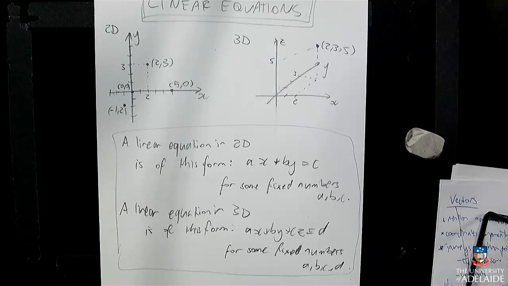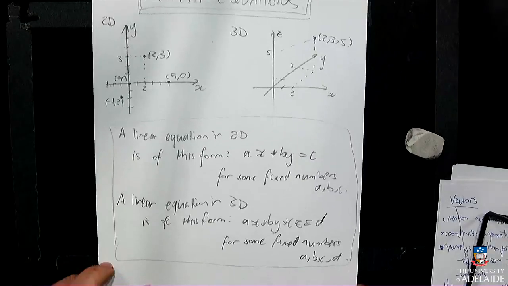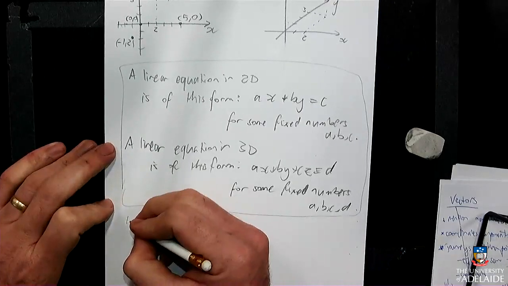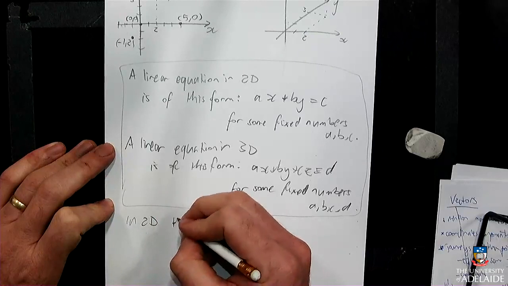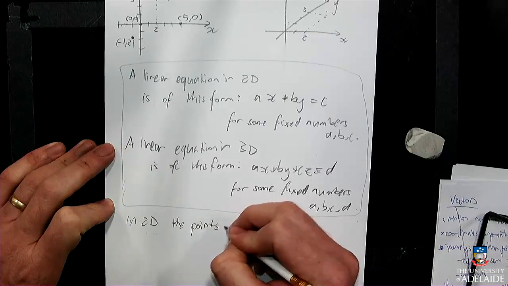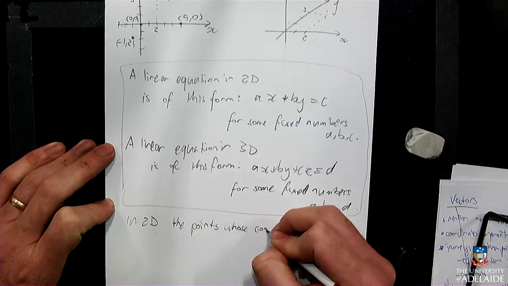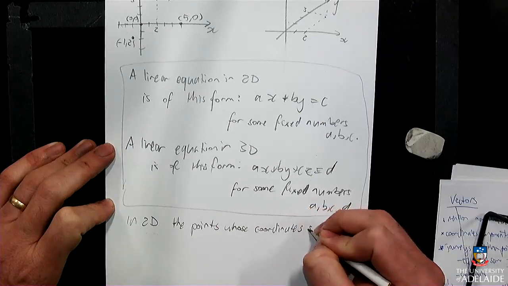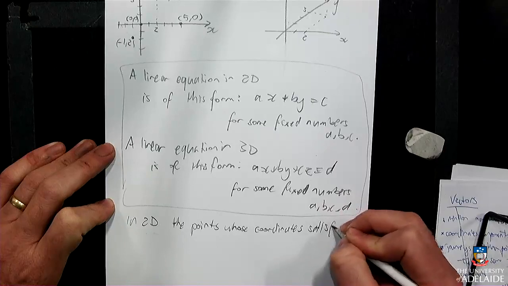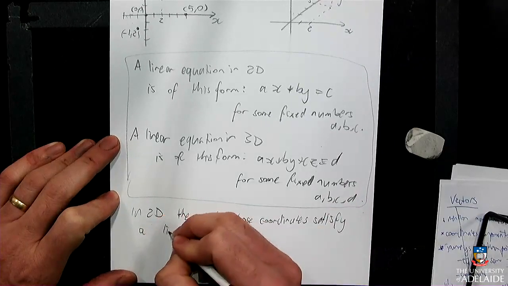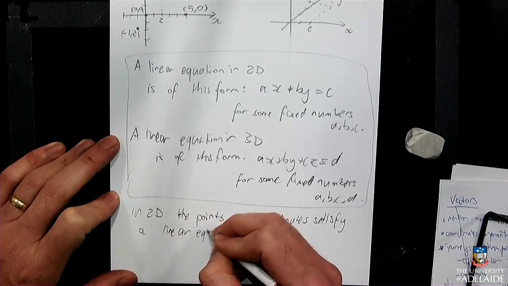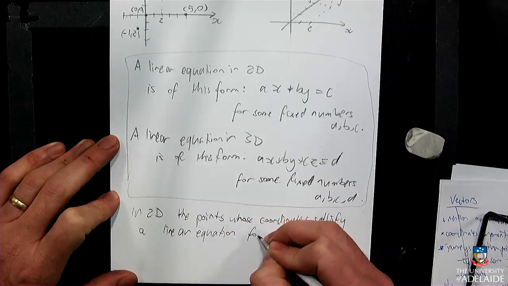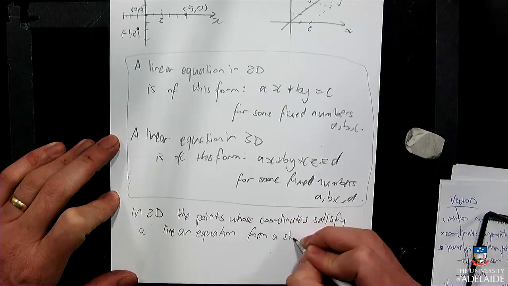Sorry, just sharpening my pencil. So, in 2D, points whose coordinates satisfy a linear equation form a straight line.